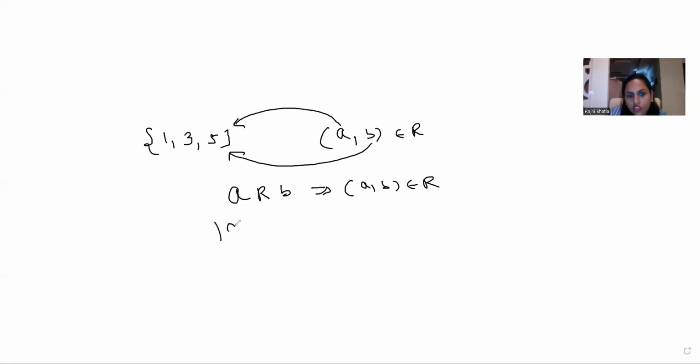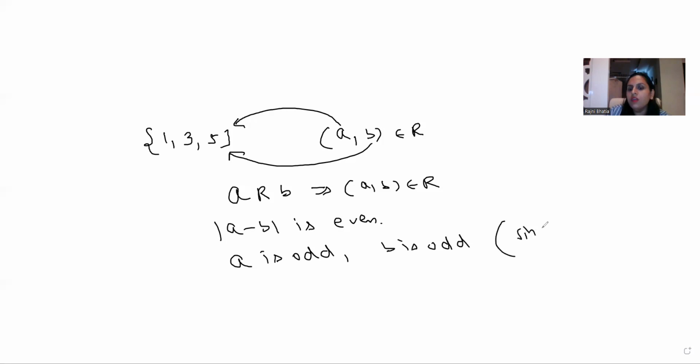What is the definition of the relation? The definition of the relation is modulus of A minus B is even. Then we will write A is odd, B is odd. The reason is very simple. Because A, B both belong to this set {1, 3, 5}, A is odd, B is odd.